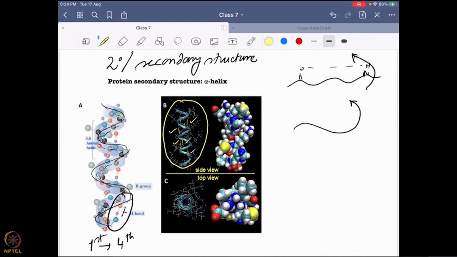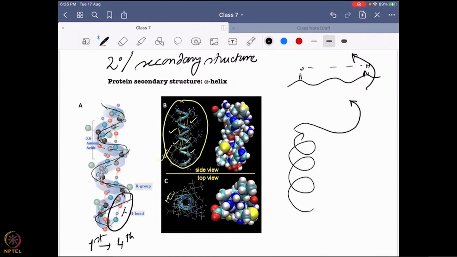That means if you take 1 as a number, the fourth one from there is going to create the hydrogen bonding. So by that you can count the numbers and you can see it actually creates this nice helical interaction. That is how it looks from the side view, and that is how it can look from the top. So you can imagine it is actually creating a helical structure.